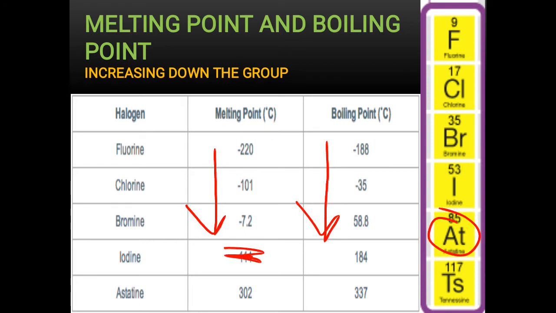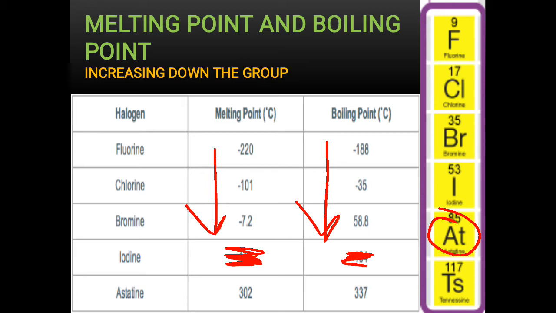Suppose we don't know the melting point or boiling point of astatine, and we are asked to predict what the values can be. By studying the group trend, that is, when we go down the group, the melting points and boiling points are increasing.